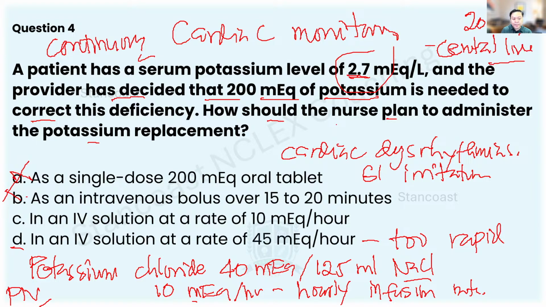Okay, that is the caveat here, especially in the ICU or the progressive care unit. It could be 10 to 20 milliequivalents per hour, provided that they are administering it via the central line, of course, with the continuous cardiac monitoring. That's the difference there in med-surg and progressive care unit and also ICU.